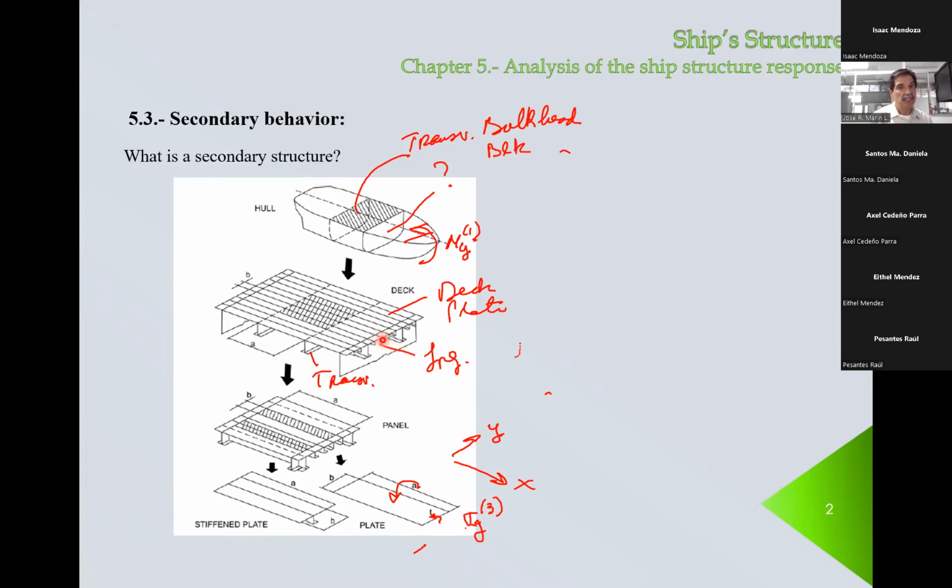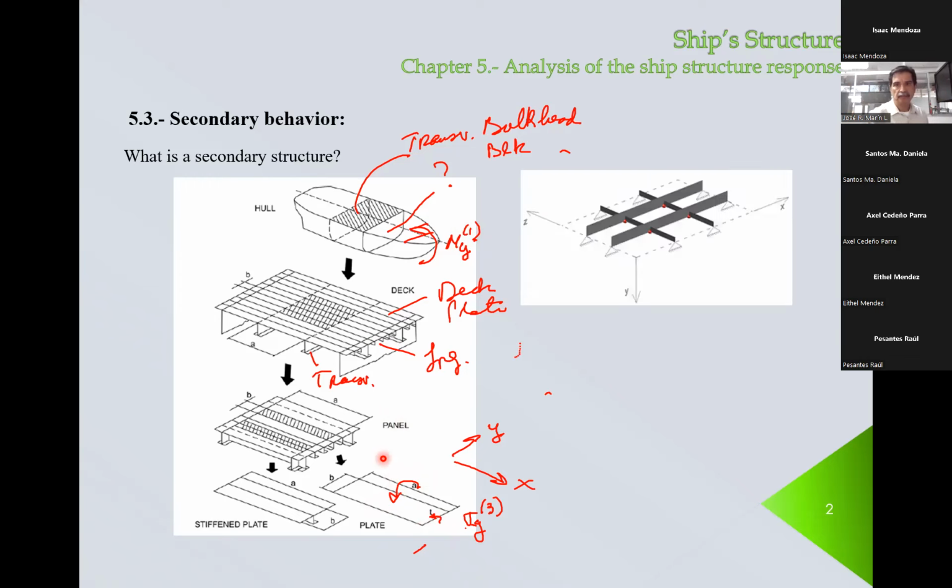So you see that these stresses will be combined with these stresses, okay? These stresses, tertiary, will be in the Y direction. They are not going to combine directly with the primary stresses because, yeah, these stresses are going to be there, but they are not that important as this one here. So you have to have all of these concepts in your mind in order to complete the last assignment. That's what I'm insisting, okay?